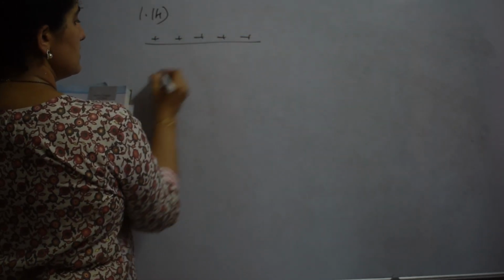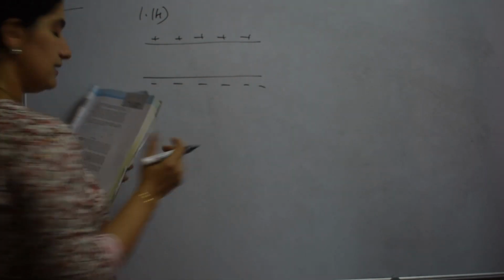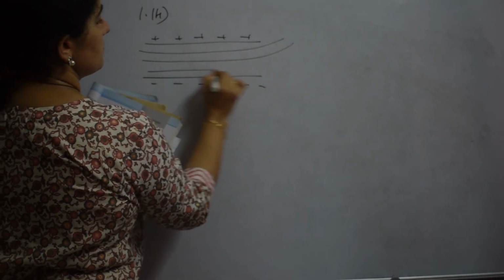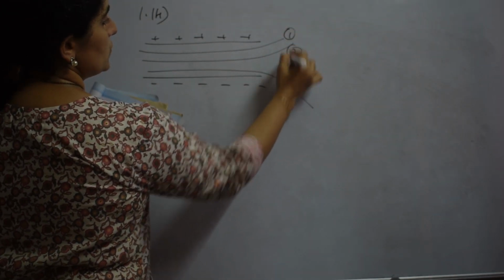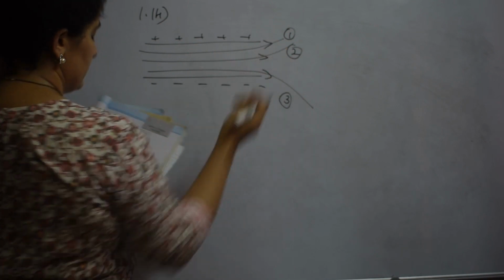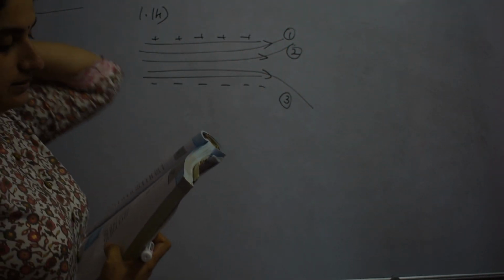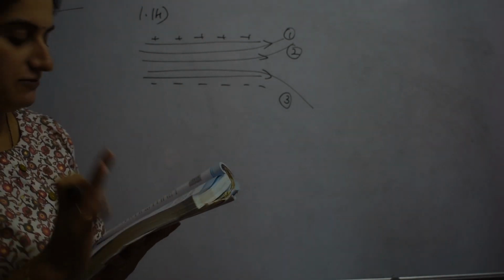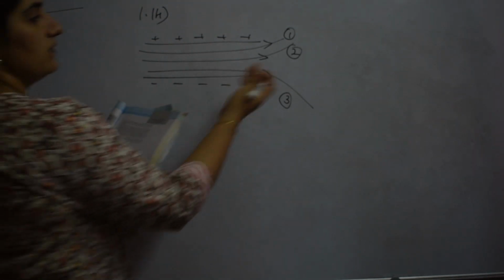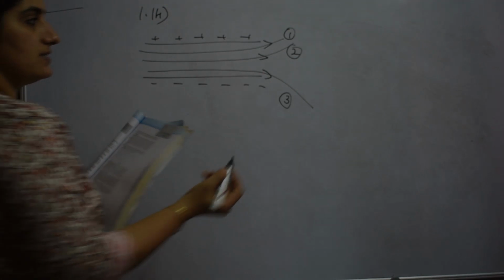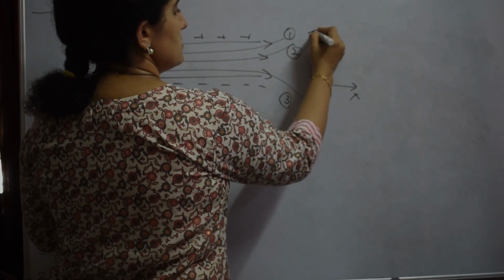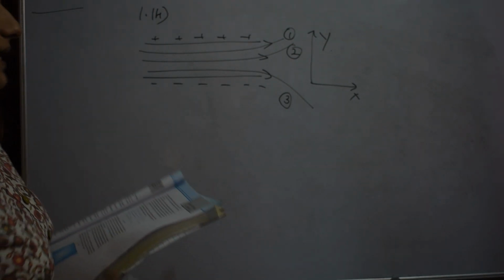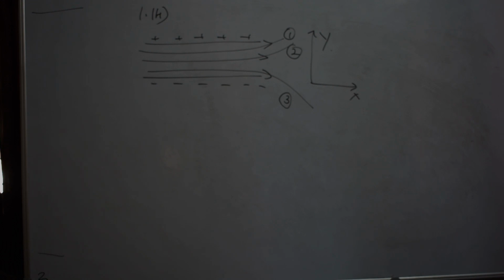You have positive charges, negative charges, and deflection 1, 2 and 3. It shows the tracks of 3 charged particles in a uniform electrostatic field. Give the signs of the 3 charges. You have to tell which is positive charge and which is negative charge, and this is the x direction, this is the y direction. Which particle has the highest charge to mass ratio? This is what you have to calculate.